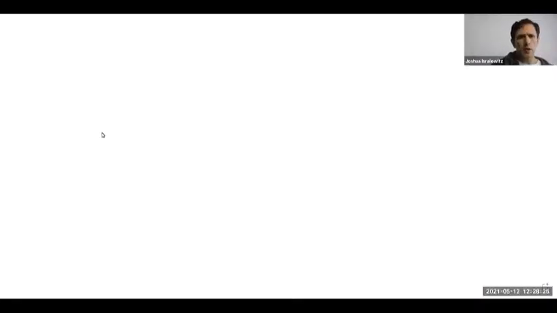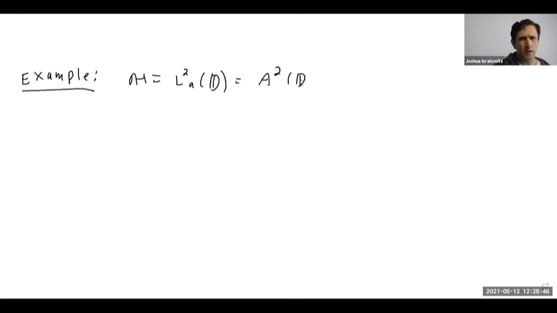All right, so let me do another interesting example. This example is in the book, basically in the book. So let's say H is the Bergman space of the disk. Right?